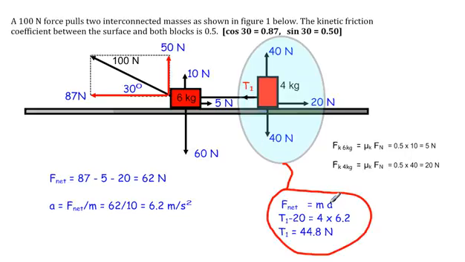And the acceleration that it gives it is 6.2 meters per second squared. We found that by considering the system as a whole. That gives us a tension force of 44.8 newtons. I think that concludes finding all our unknowns.